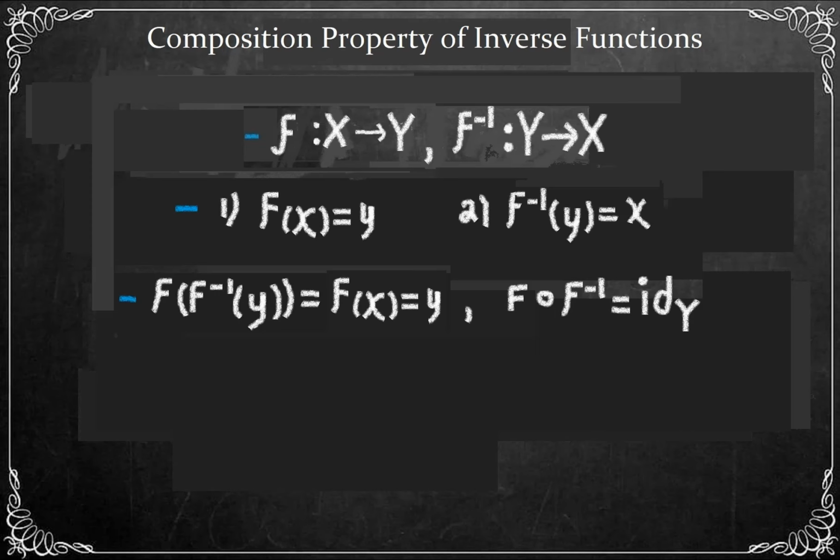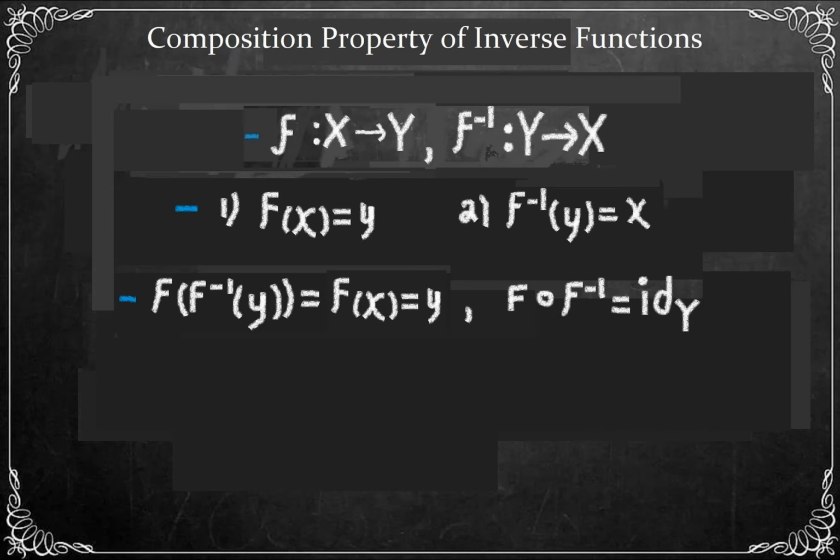Number one, the function f takes an element x from set X and maps it to an element y in set Y. Number two, the inverse function f inverse takes that element y from set Y and maps it back to the original element in set X.